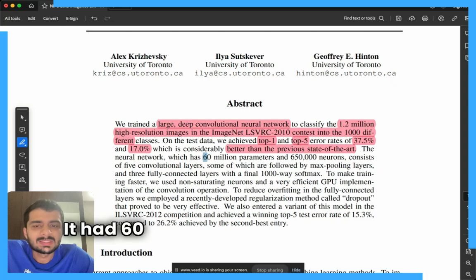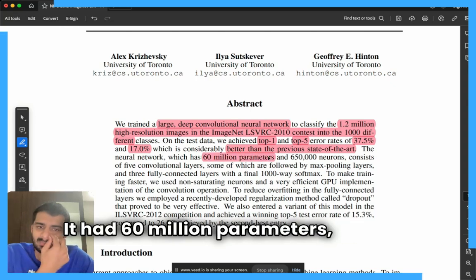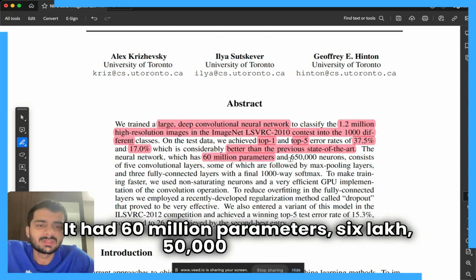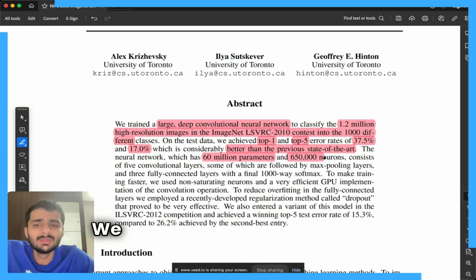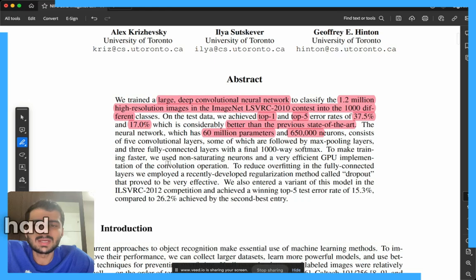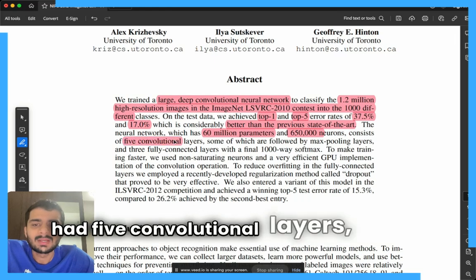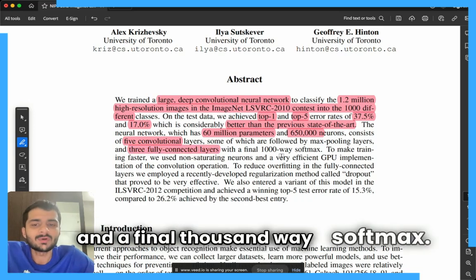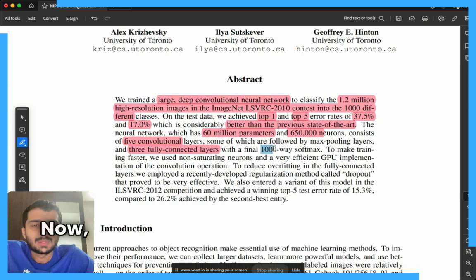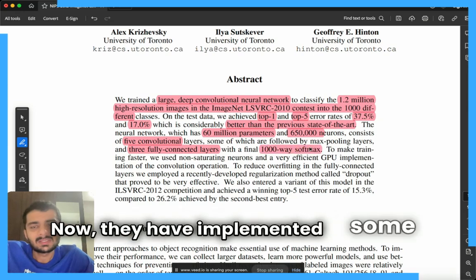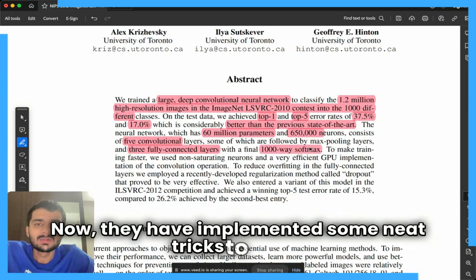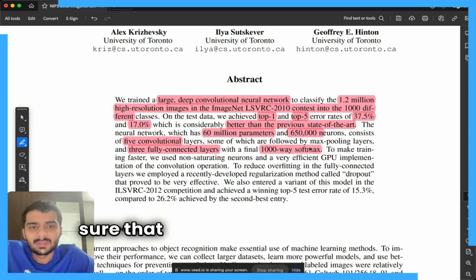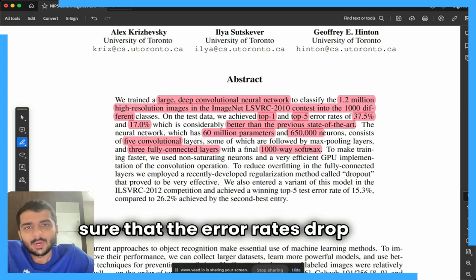It had 60 million parameters and 650,000 neurons. We'll look at the architecture, but essentially it had 5 convolutional layers, 3 fully connected layers, and a final 1000-way softmax. Now they have implemented some neat tricks to make sure that the error rates drop even further.